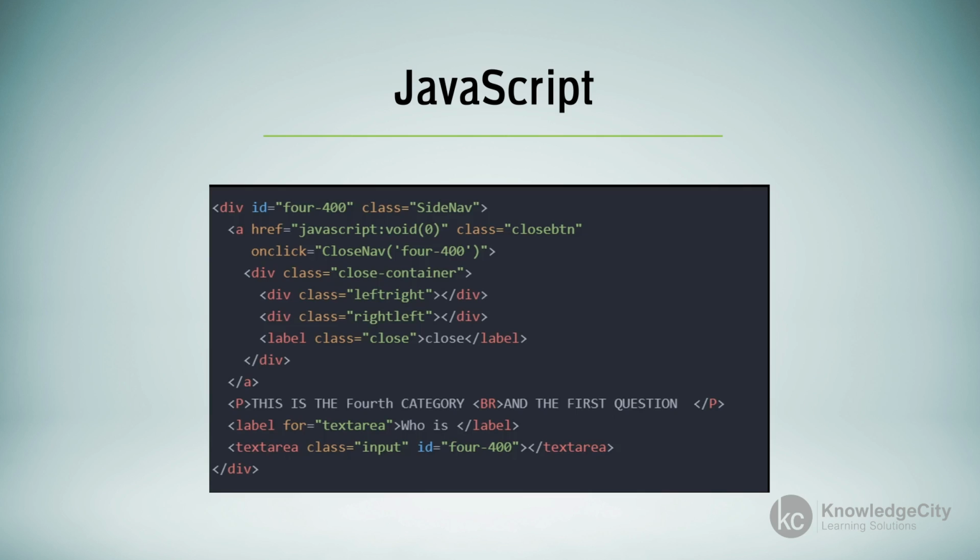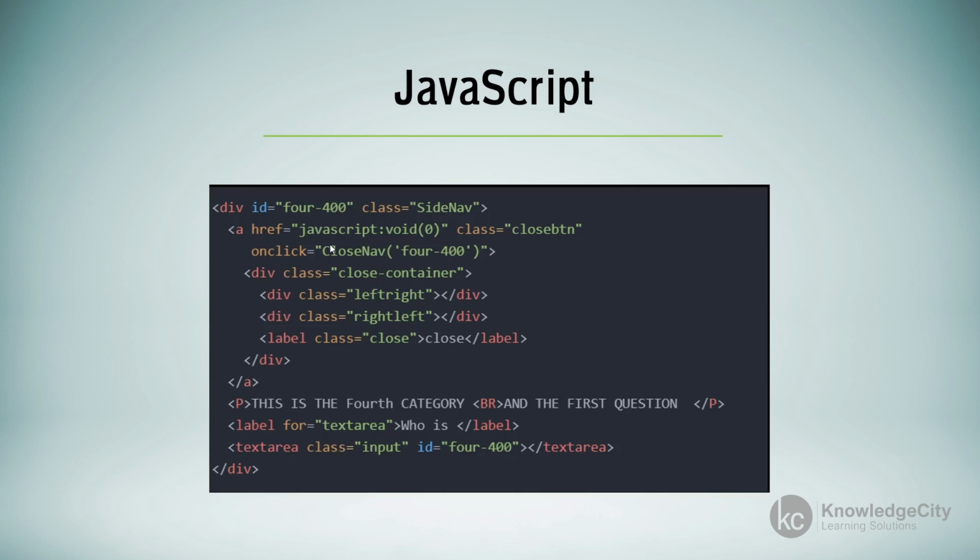If you look at the code in the middle of the screen, you'll see our division is called 4-400, and that appears all the way through this entire process. 4-400 here when we close the navigation window, 4-400 when we send the text area and learn which dollar value was placed. We're using the same ID.